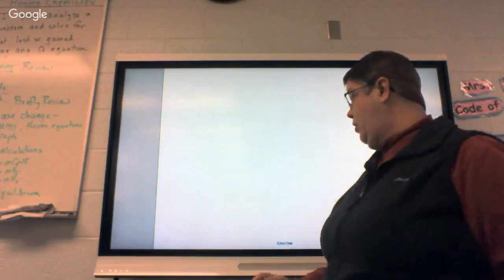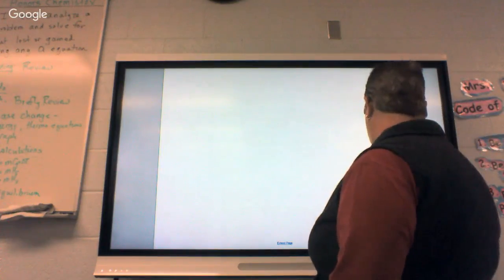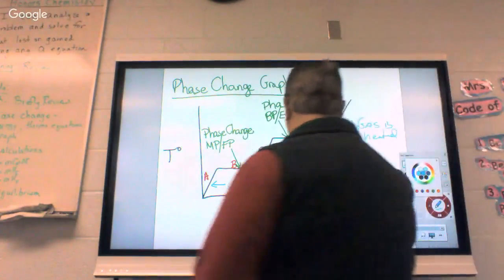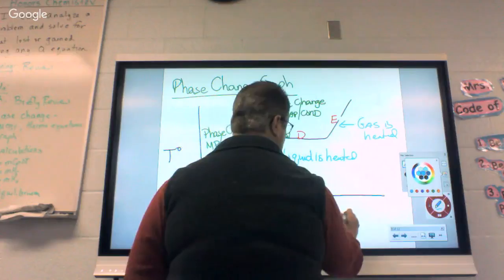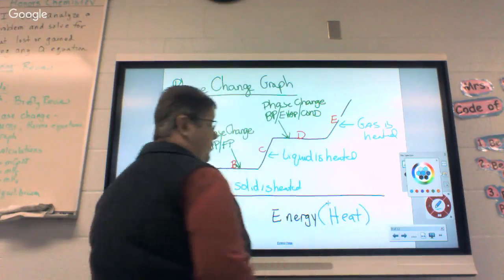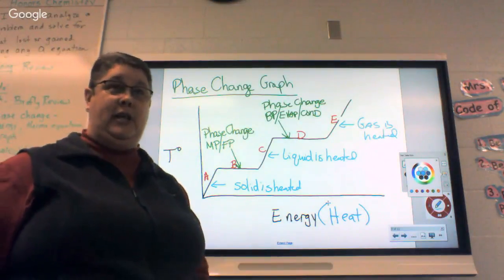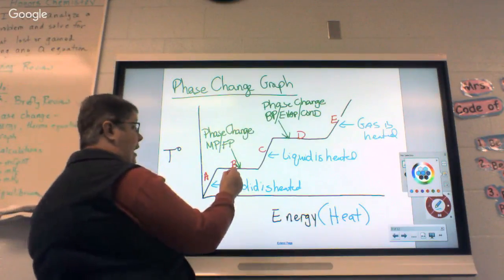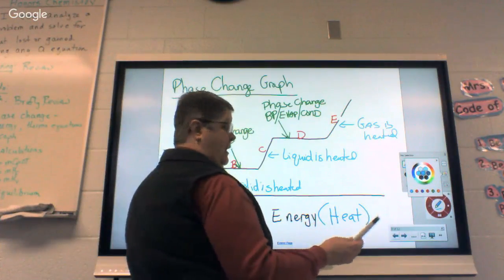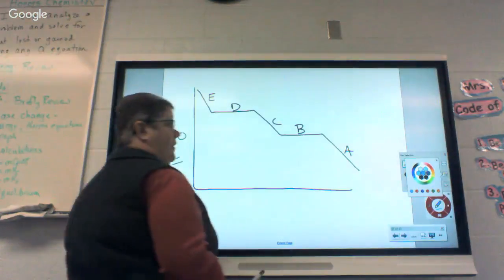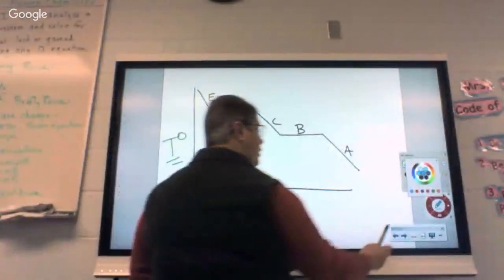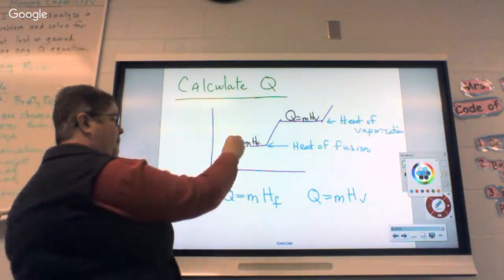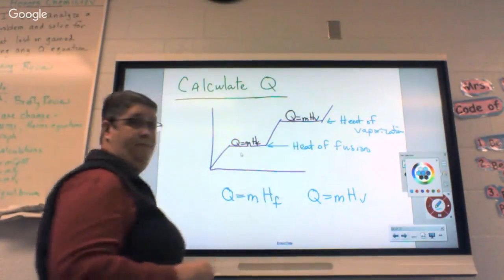Energy is another fancy word for what? Heat. You have to be able to calculate how much heat is gained or lost. If we draw this graph, heat is gained. If we have this graph, heat is lost. You have to be able to calculate the amount of heat on these flat spots.